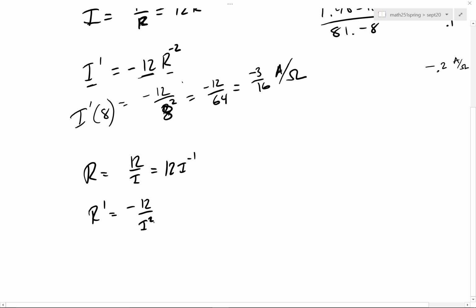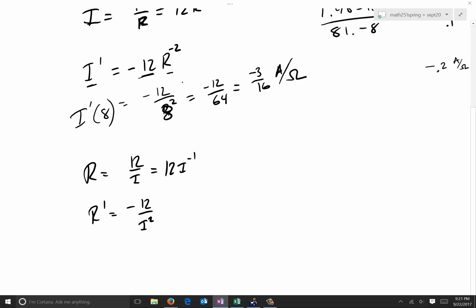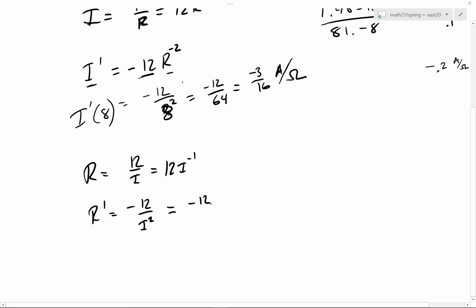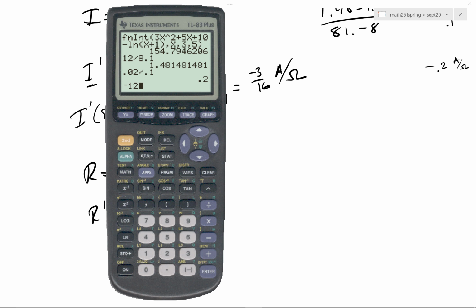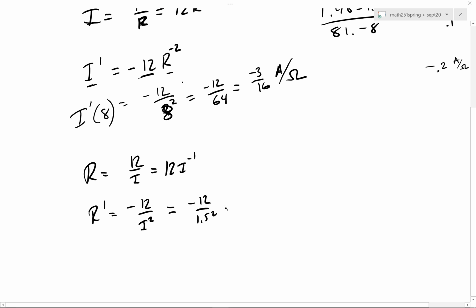And it wants to know what happens when I is 1.5. So negative 12 over 1.5 squared is negative 5.33. What does that mean? It means we are losing 5.33 ohms of resistance as the amperage increases.